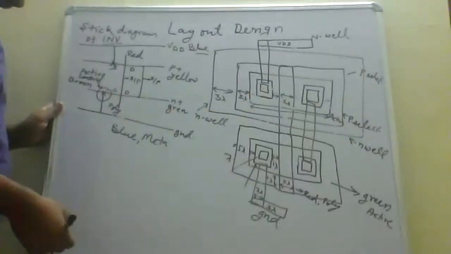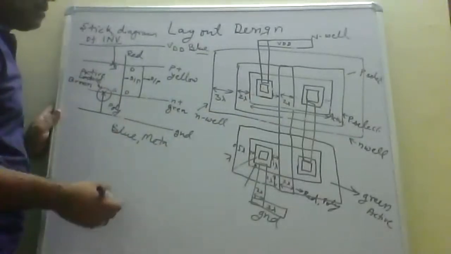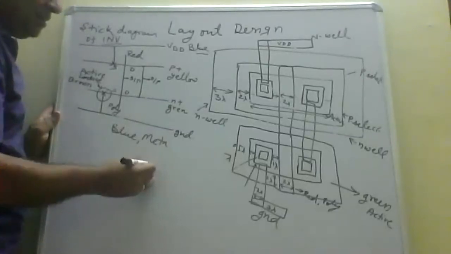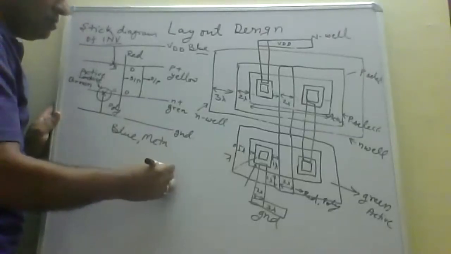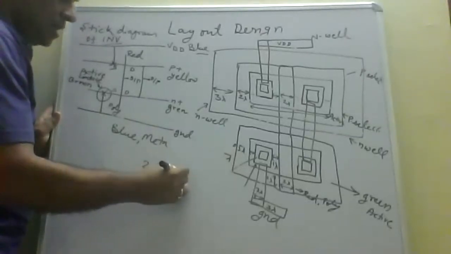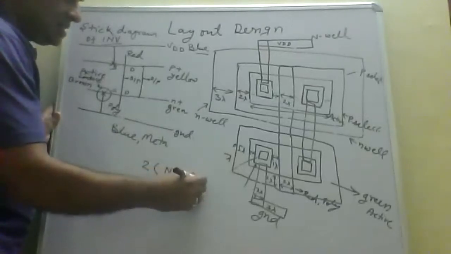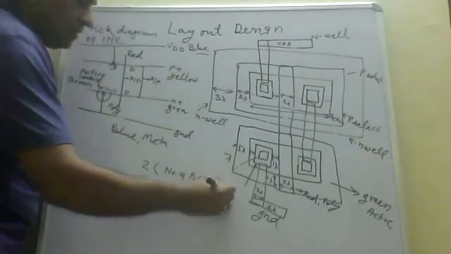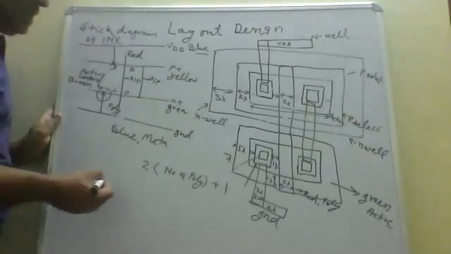So there is a way to find out the active length. It is 2 into number of polys plus 1. So what will it be?